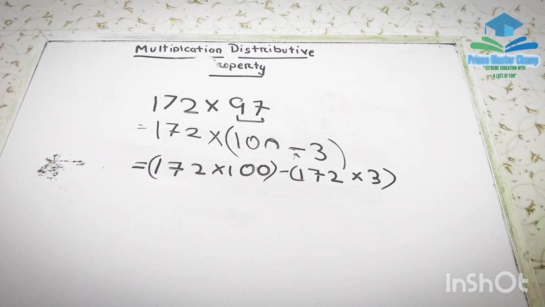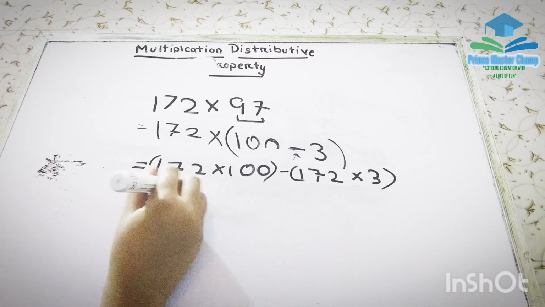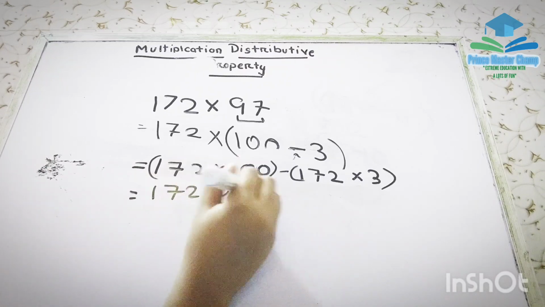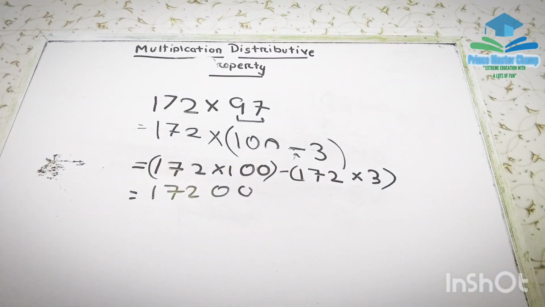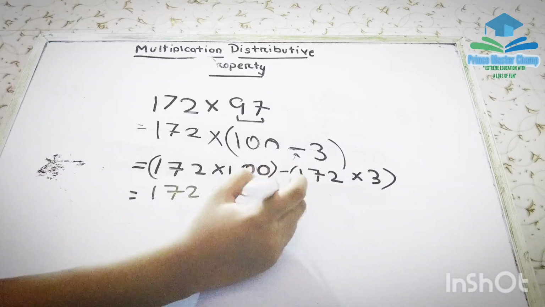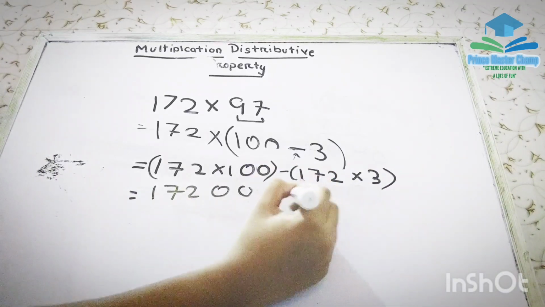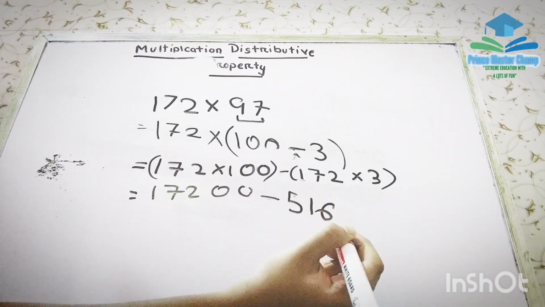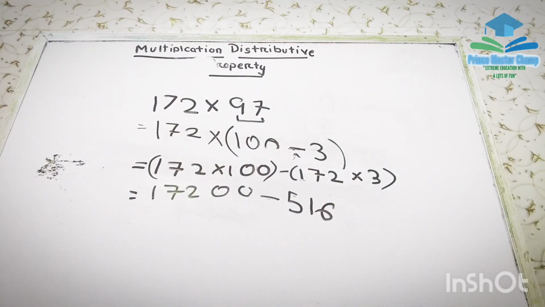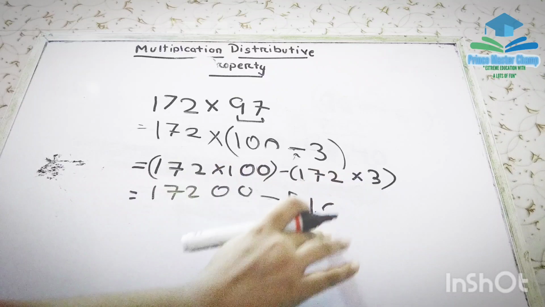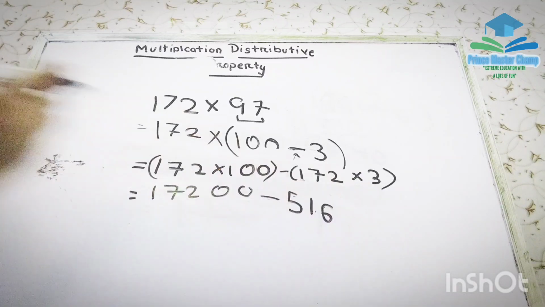Now after this much is done, we will just solve it. 172 0. Okay, this is the simple way to solve this type of questions. Okay, understood? Now when we multiply this, we will get the answer as 516. I suppose, yes, 516 is our answer when we multiply.